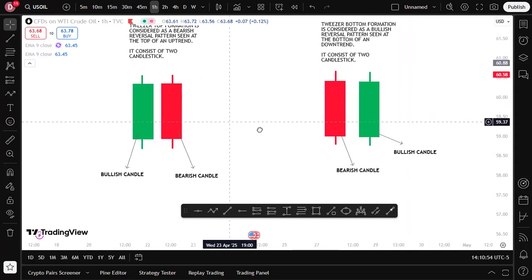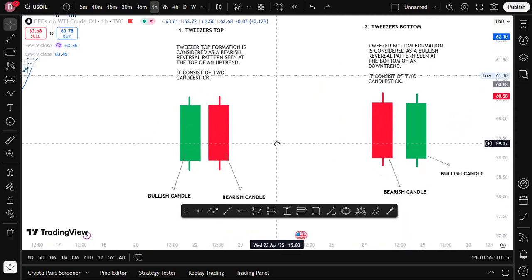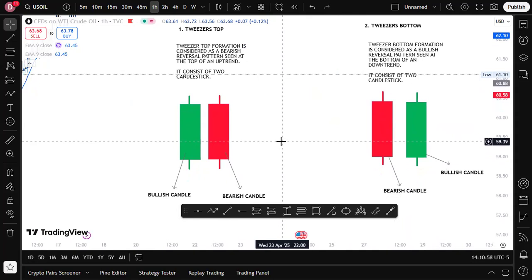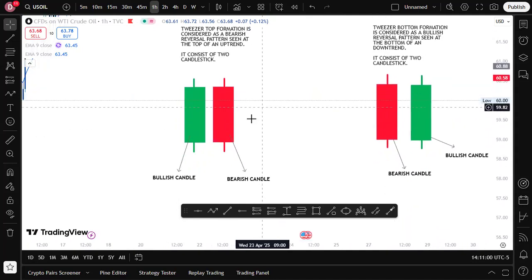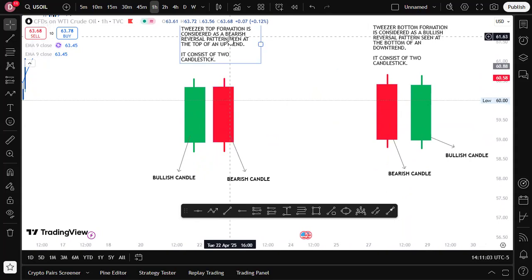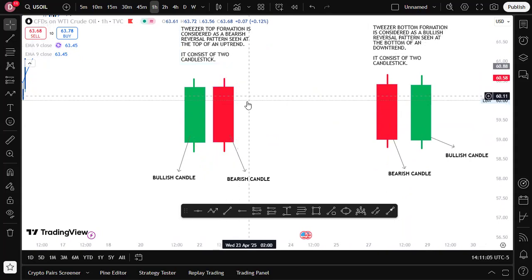Now let's talk about the tweezer top. When it occurs during an uptrend, it's a bearish reversal pattern seen at the top of an uptrend.